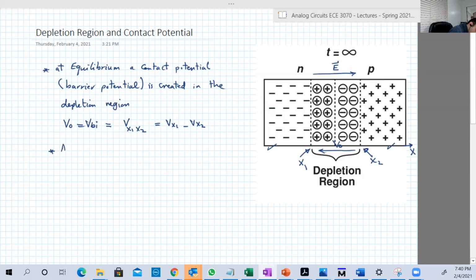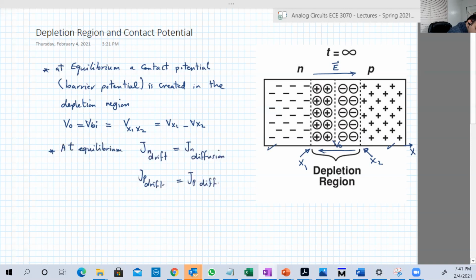So at equilibrium, Jn drift will be equal to Jn diffusion, and Jp drift will be equal to Jp diffusion.